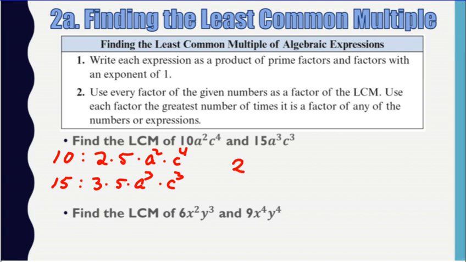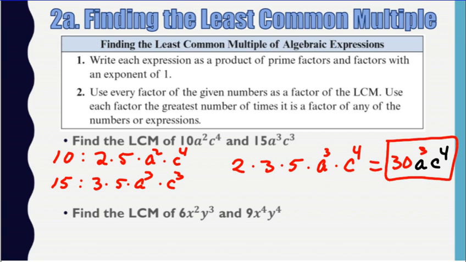So I have 1 2, I have 1 3, and 5 is being used once in each of them, so it's just being used once. And then the most number of a's is a cubed. The most number of c's is c to the 4th. So if I multiply all those together, I get 6 times 5, which is 30, a to the 3rd, c to the 4th. This would be our least common multiple.